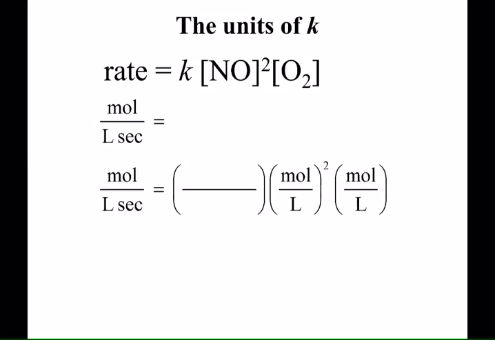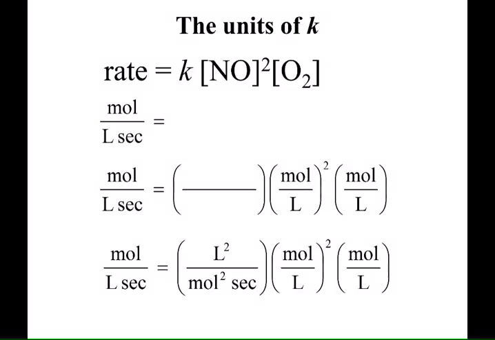If we think of it this way, where this blank here is the units for our K, and we recognize that with the NO we're squaring it, and with the O2 we're taking it to the first power, then in order to make it all work, the units of K have to be this.